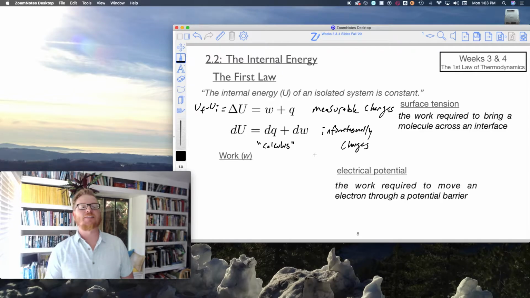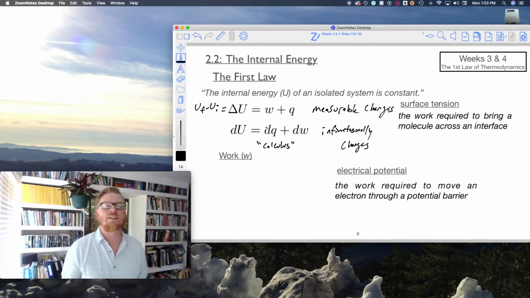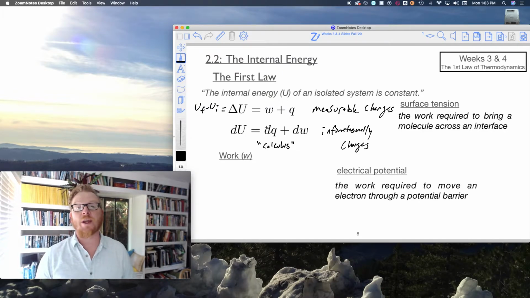So this is the type of relationship we're going to be able to use to exploit other relationships. When we go down the rabbit hole of deriving equations and physical relationships and connecting bulk properties to molecular properties, we want to use the expression of U for infinitesimally small changes.